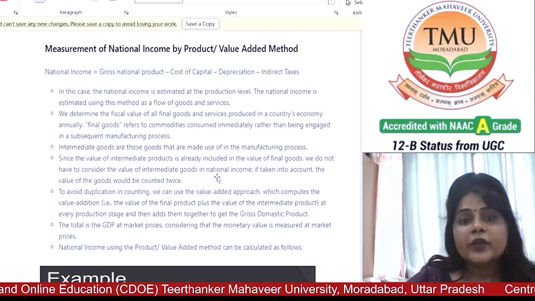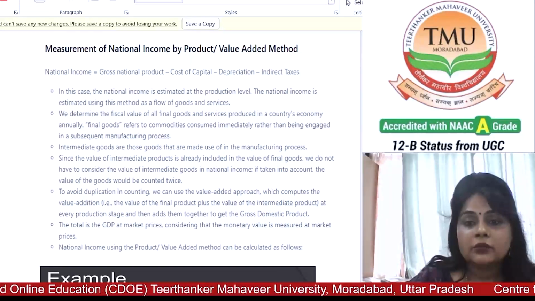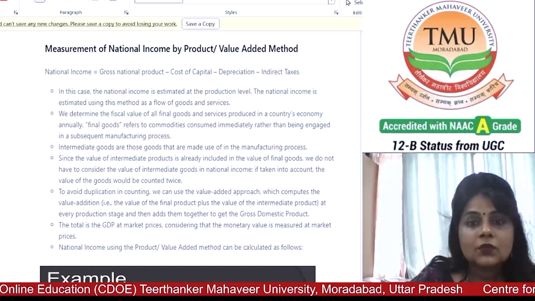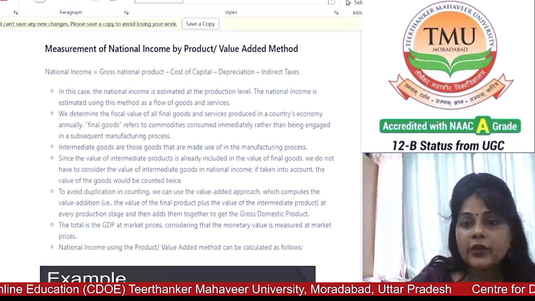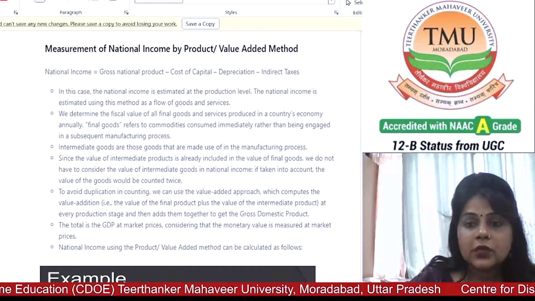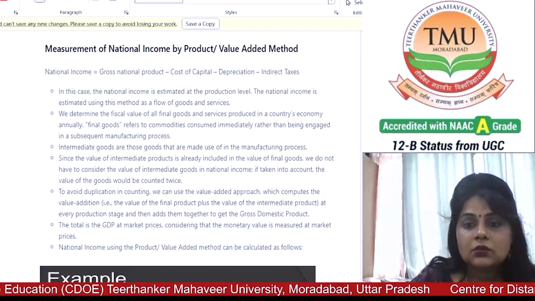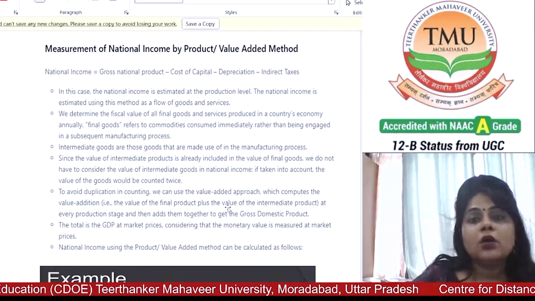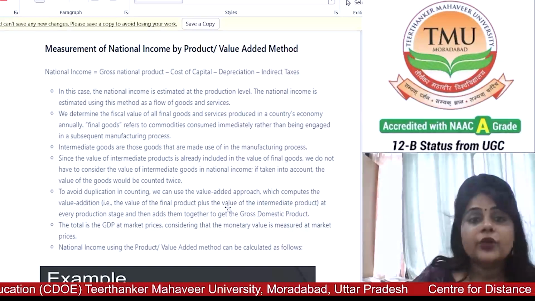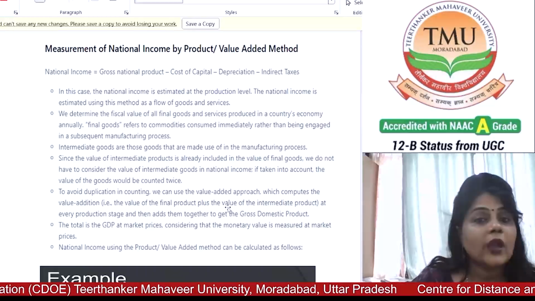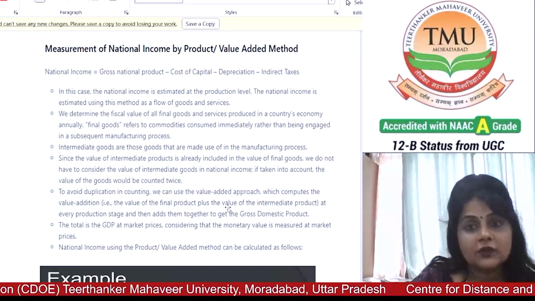Since the value of intermediate products is already included in the value of the final good, we do not have to consider the value of intermediate goods in national income.